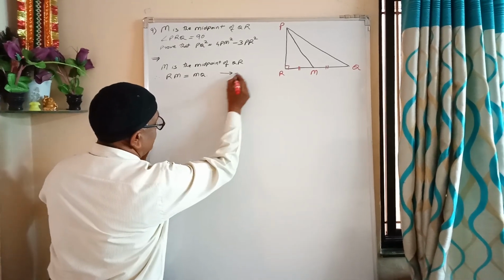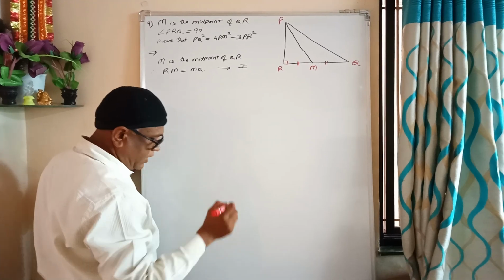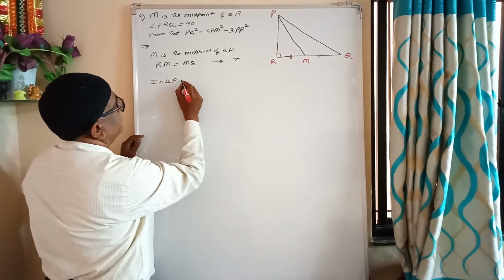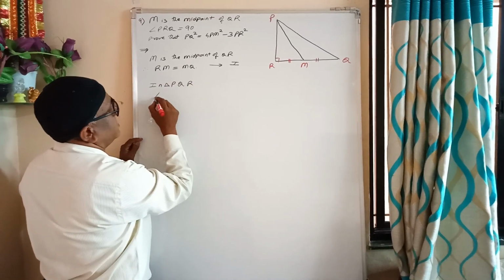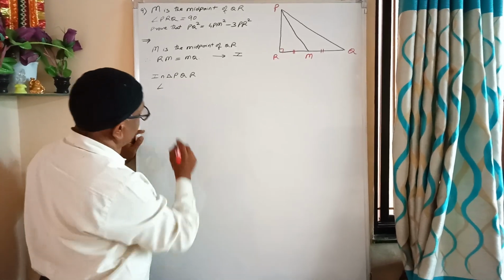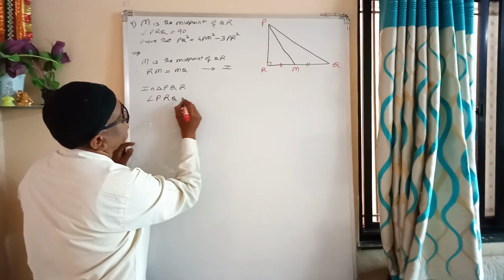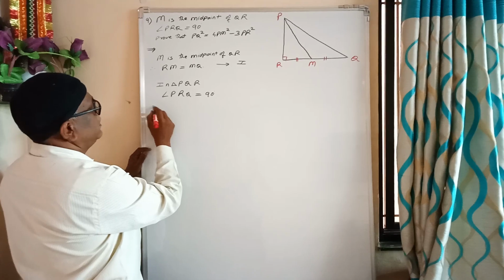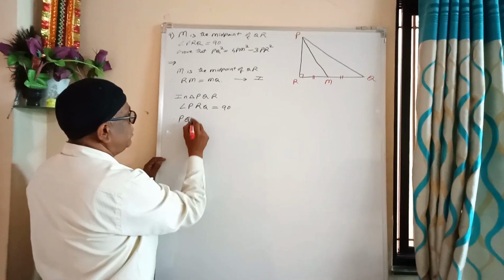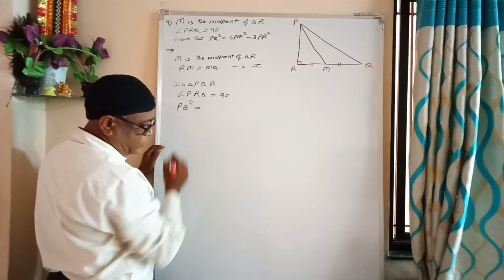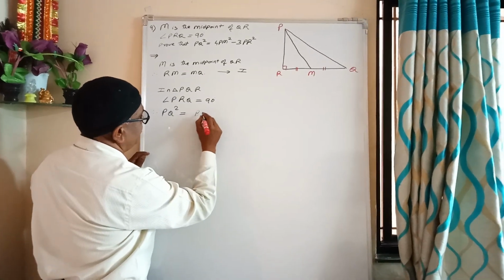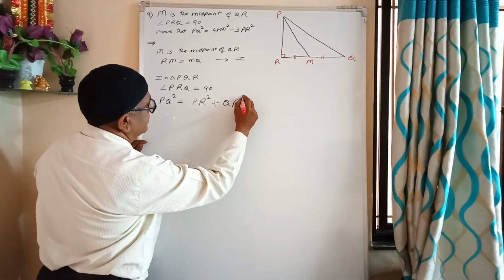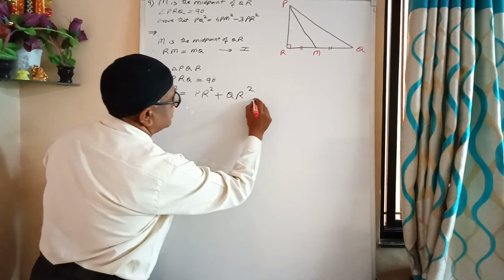This is equation 1. Now in triangle PQR, angle PRQ is equal to 90 degree. Therefore, PQ square is equal to PR square plus QR square by Pythagoras theorem.